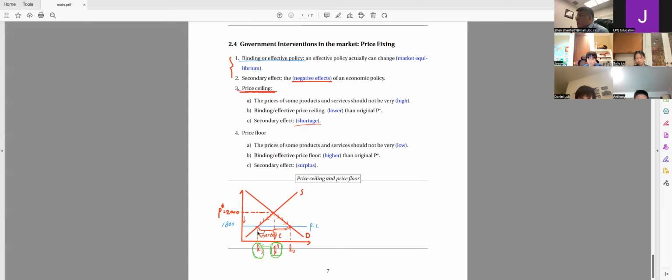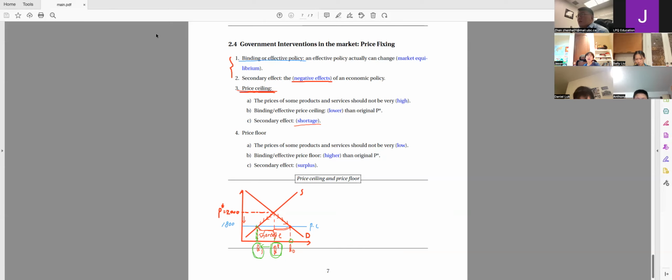We only produce this much, so how can we trade more? The quantity traded will decrease from here to here, to QS. So this is called a price ceiling.